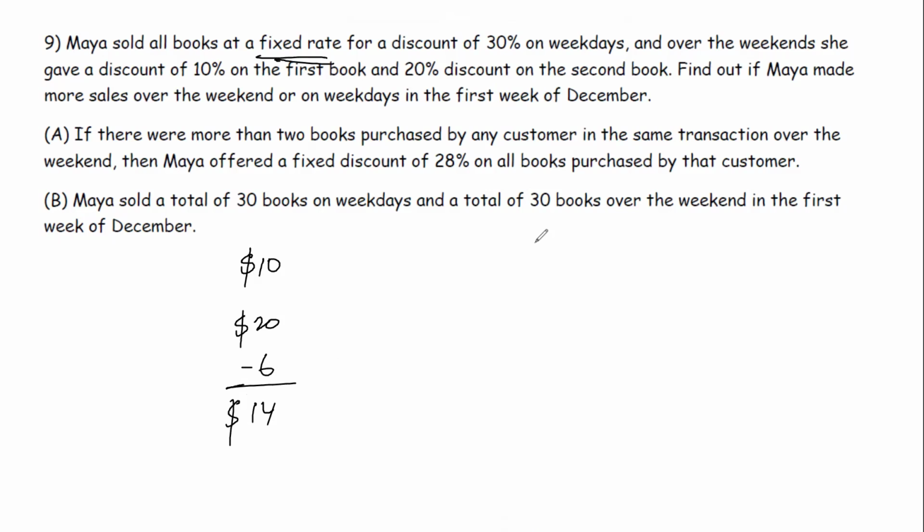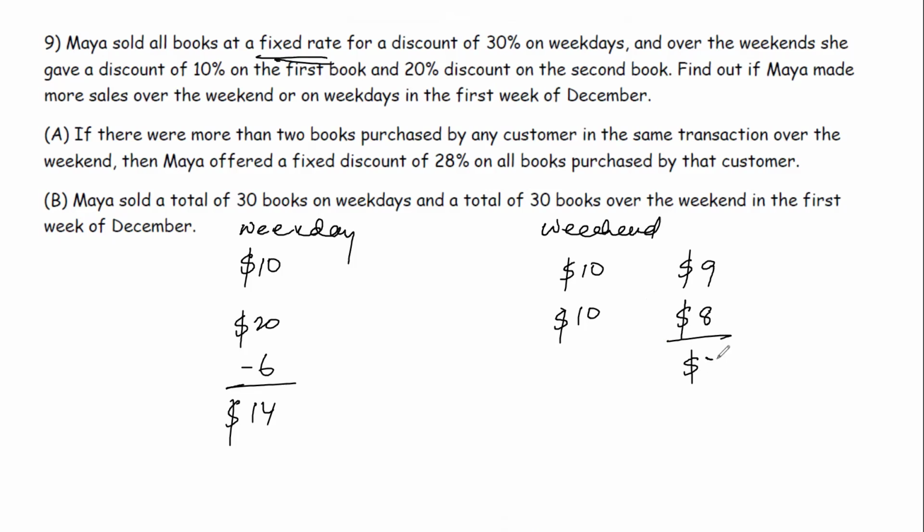But if you consider the weekend, then suppose there were two books, $10 each, you get a discount of 10%. So it becomes $1 less, so $9 is the selling price. And another $10, the second book, she'll get a discount of 20%. So it'll become $2 discount, so it becomes $8. So the total is $17 compared to $14. Are you getting me? Correct.